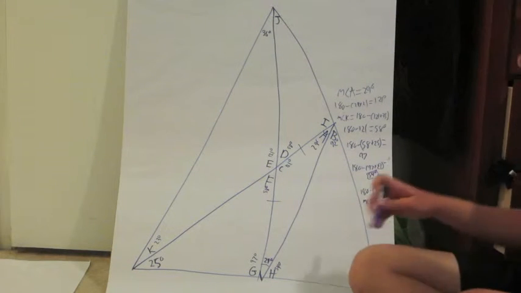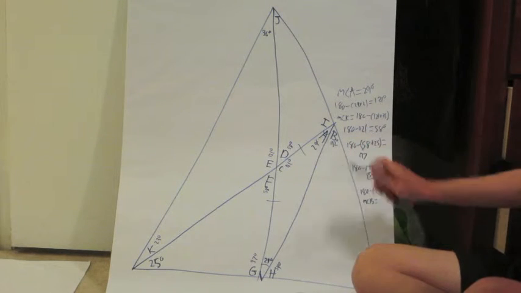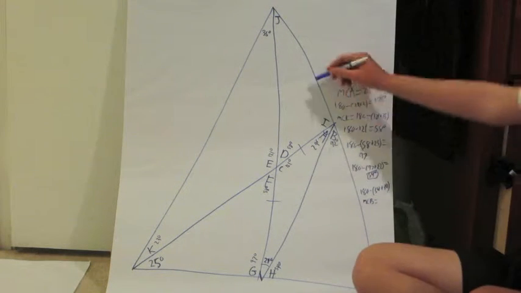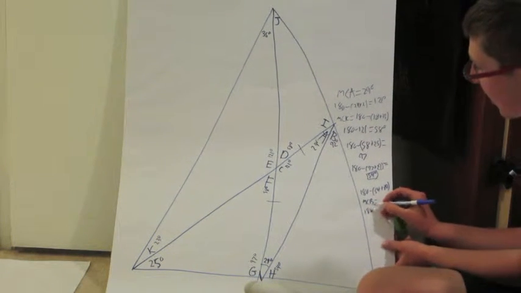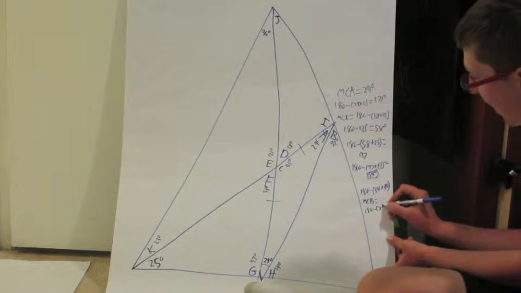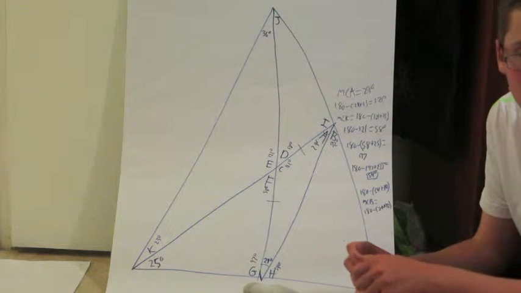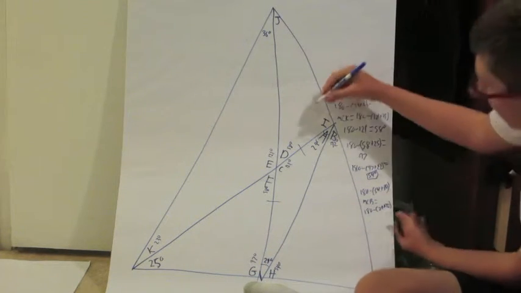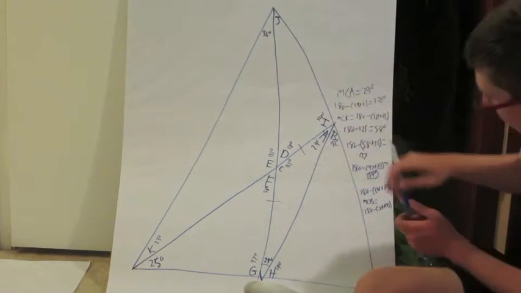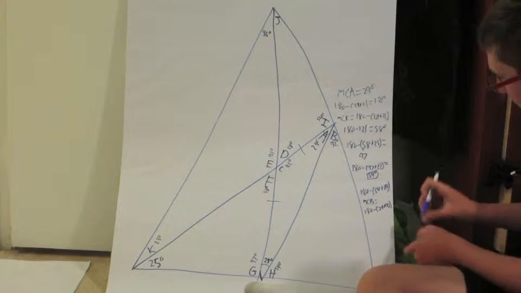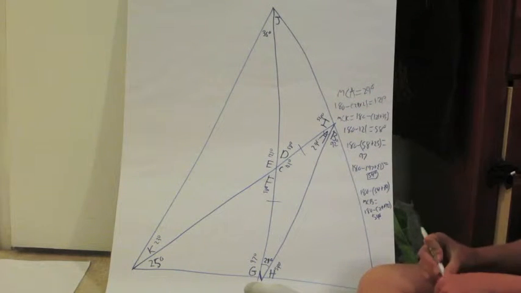Alright, so the next measure that we can solve would be the measure of angle I. That would also use the straight line properties we've used before. So if we take 180 minus 29 plus 92, we can get that the measure of angle I is 54 degrees.